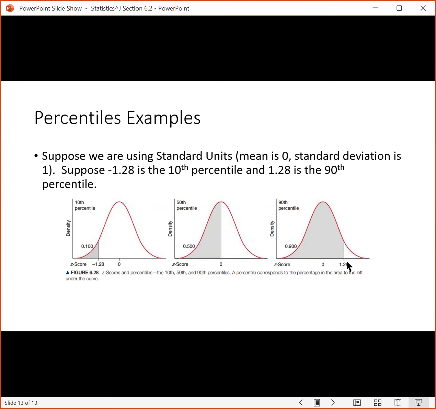And then we have positive 1.28. If that's the 90th percentile, that separates the bottom 90% from the top 10%. That corresponds to 0.9, and if the total area under the curve is 1, then 0.9 is 90% of 1. And so that's the 90th percentile.